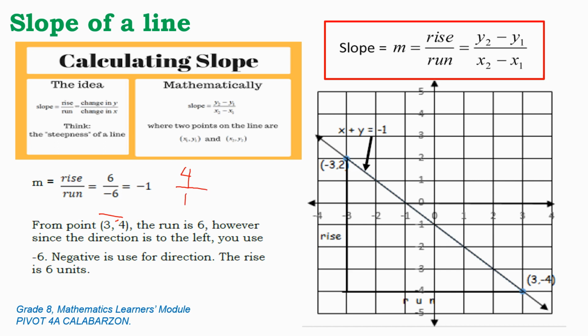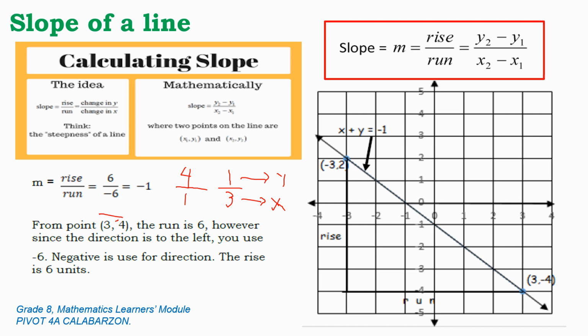Meron namang baliktad, 1 and 3. Ang rise mo ay 1, ang run mo ay 3. Ito ay para kay X, ito ay para kay Y. Tandaan palagi, yung sa taas ay si Y, si X ay sa baba. So, ngayon, given yung 2 points, bibilangin mo para mahanap yung value ng slope.